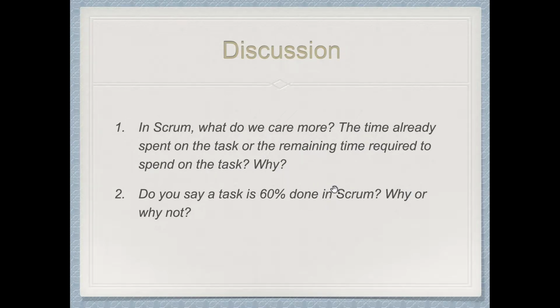The answer is we will not say in Scrum that we are 60% done with a user story, or 20% done with a task. We don't say that.